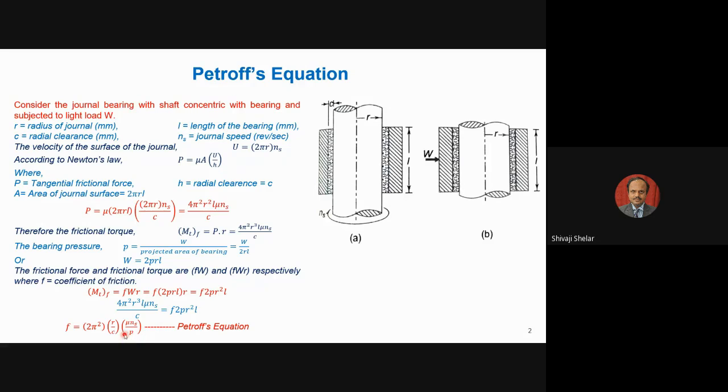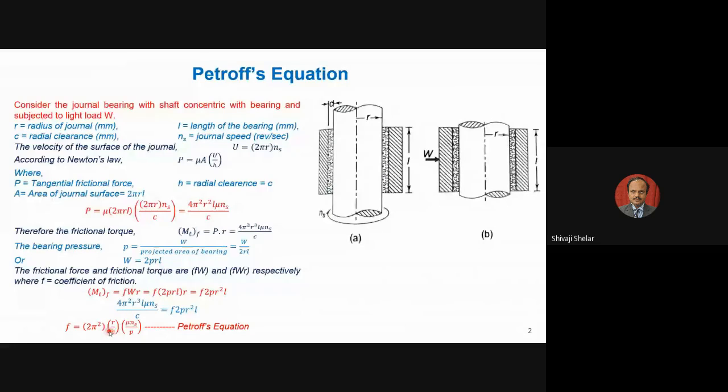If we look at this equation, it is called Petrov's equation. The coefficient of friction value is not constant here. It is directly proportional to the radius: if your radius is bigger, the coefficient of friction value will be more. And if your clearance value is small, then again the coefficient of friction value will be large.